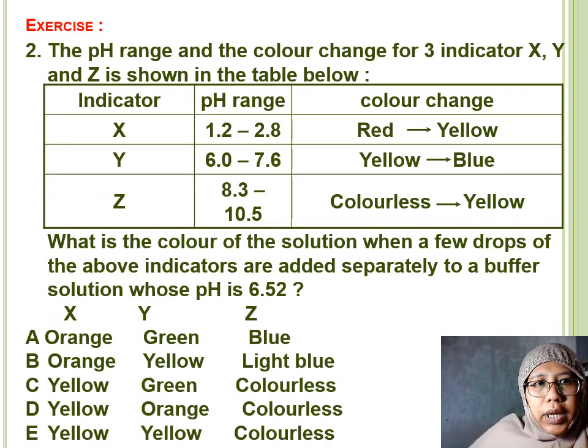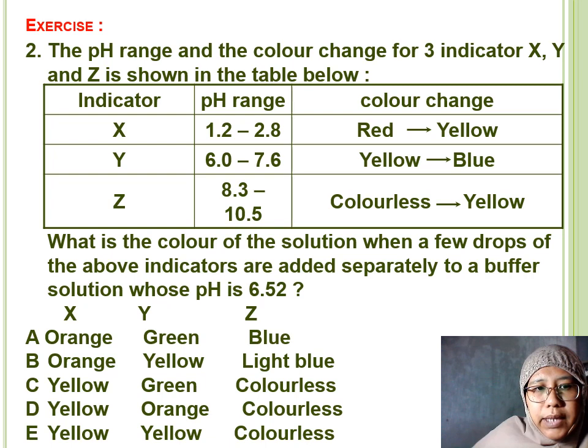Another question. The pH range and the color change for 3 indicators X, Y, Z is shown in the table below. What is the color of the solution when a few drops of above indicators are added separately to a buffer solution whose pH is 6.52? For 6.52, X is going to be yellow.